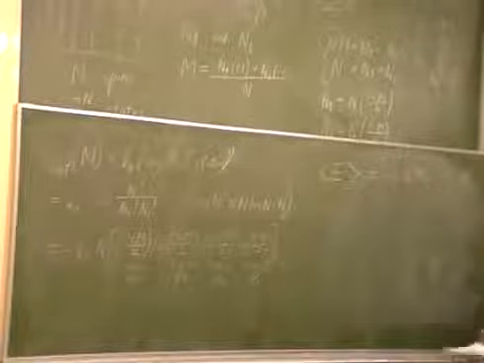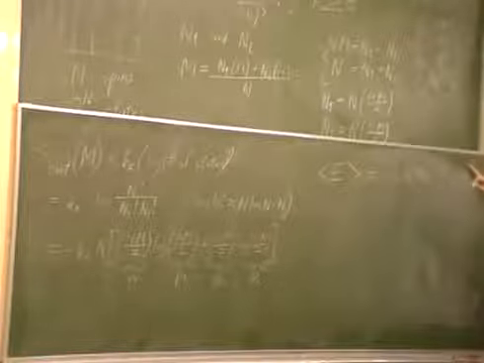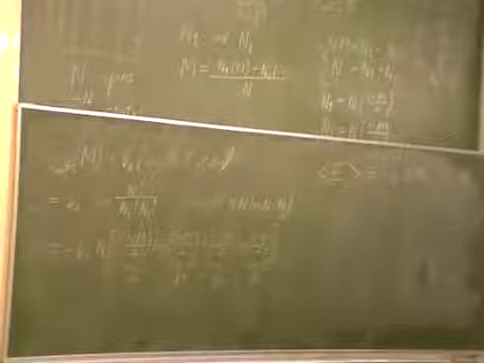All right, and now how many terms like this are there? Well, how many nearest neighbor pairs are there in the lattice? The number of nearest neighbor pairs is equal to the number of sites times the number of neighbors that each site has, divided by 2, because if I didn't divide by 2, I'd be double counting.